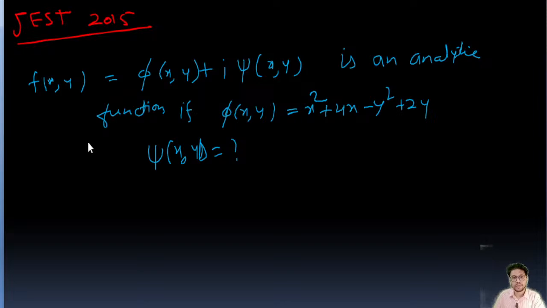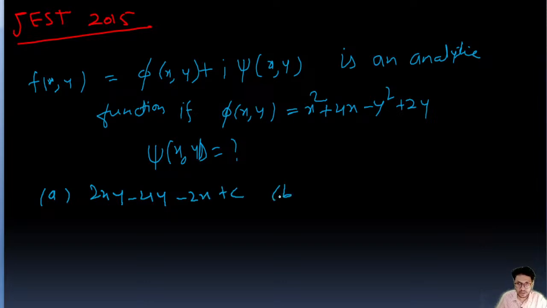So I'm going to solve it. And options are given, guys. Option A is 2xy minus 4y minus 2x plus c. Option B, very good question, is 2xy minus 2x plus 4y plus c.